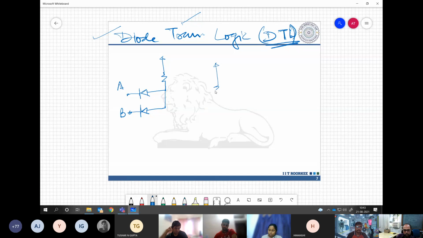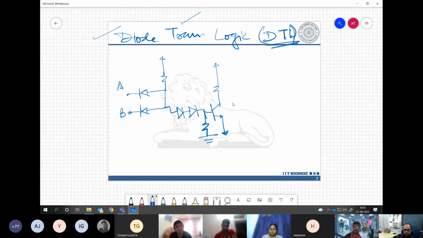So basically what we do, we connect this output. Two options are there. One option is that we use something like this kind of configuration.